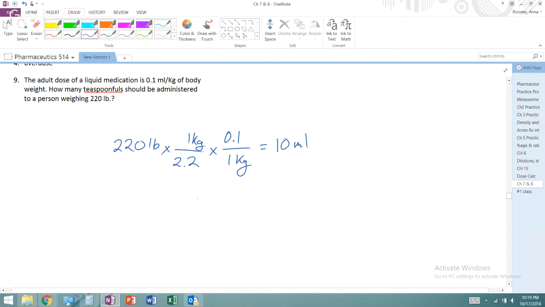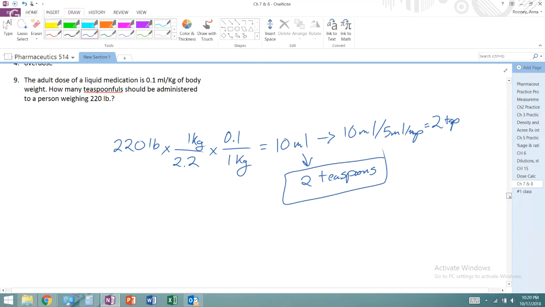So how many milliliters are in a teaspoon? 5. So this would be 2 teaspoons. You would do 10 divided by 5 milliliters per teaspoon, and you find that that equals 2 teaspoons.